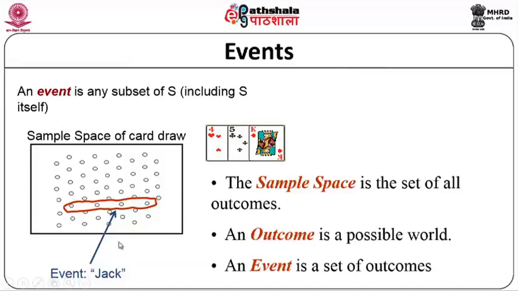For example, here it can be an event where we are selecting a card associated with jack. So, these 4 outcomes which are part of my sample space will be treated as an event. So, a sample space is a set of outcomes. An outcome is actually a possible world, and an event is a set of outcomes.